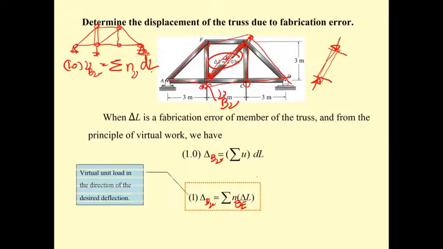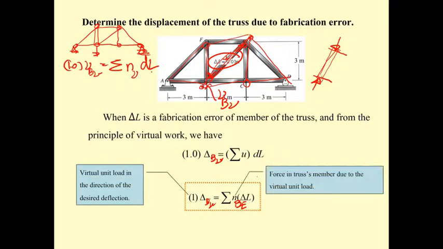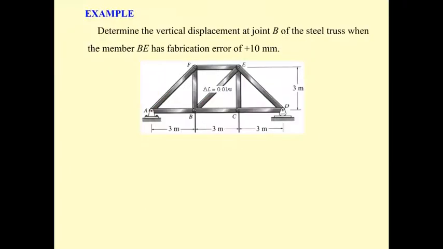Okay, and now we have to put one unit load at the point of our interest in the desired direction, and then you have to determine the internal force for each truss member due to that unit load. That is going to be small n. And delta L we already know from the fabrication. Now you put it like this.